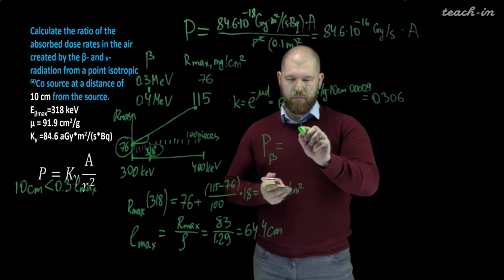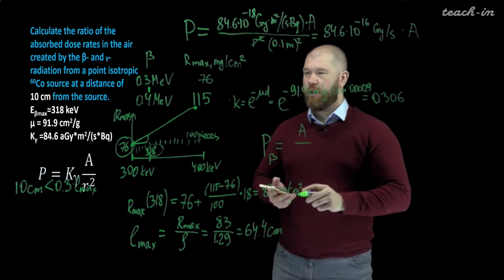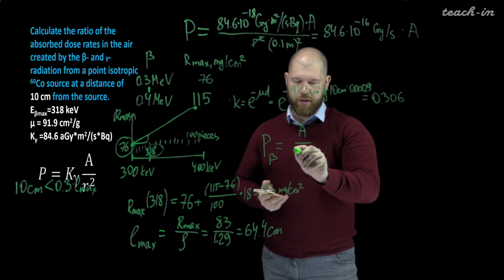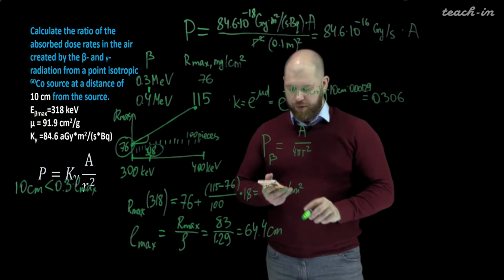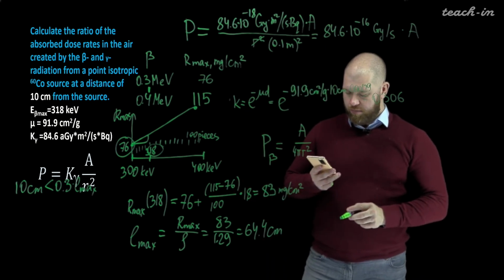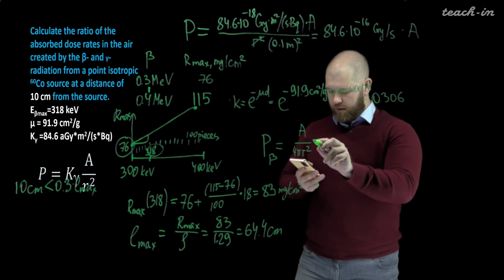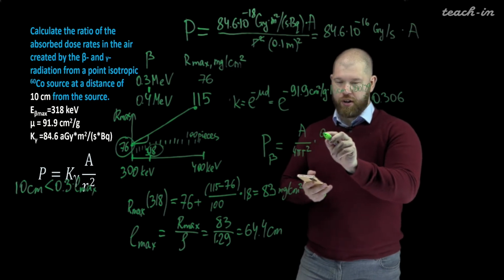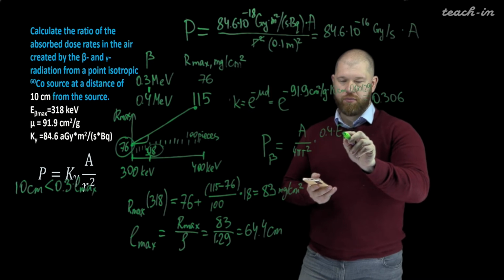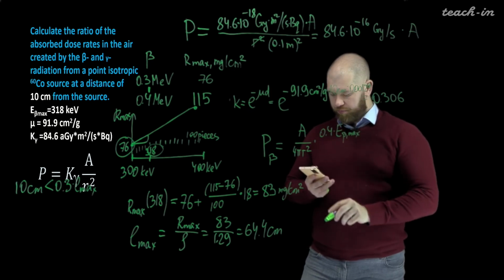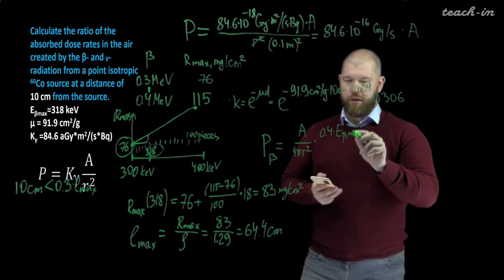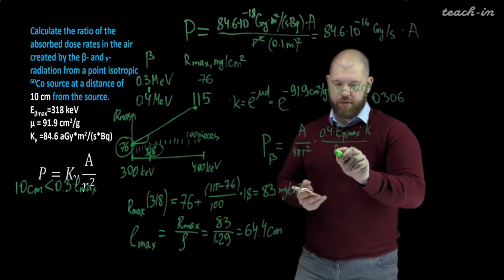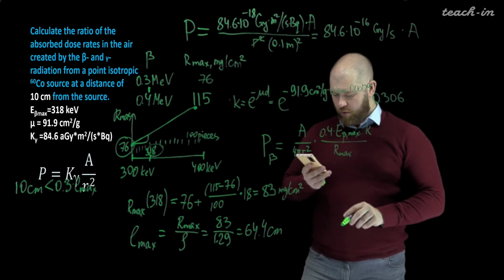So again, it will be activity divided by not the distance but by the surface area of our sphere, and then it will be multiplied by the average energy of our particles, multiplied by the attenuation coefficient, and divided by the maximum range of our particles.